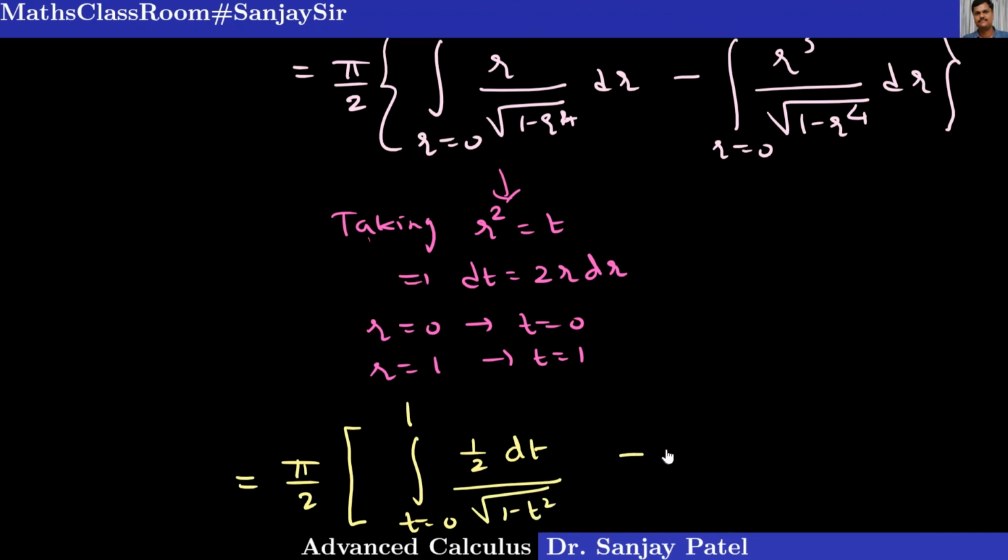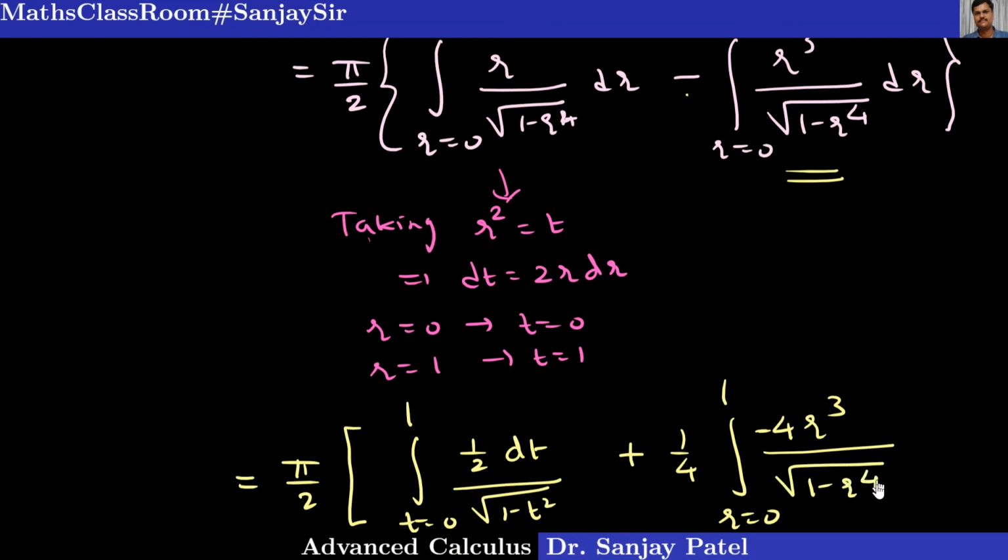And minus derivative of 1 minus r raised to 4 for this second integral is minus 4r cube. So let me write this way, plus, say, 1 by 4. I am multiplying and dividing by 4 for the second integral, 0 to 1. It is 4r cube with minus sign. I have taken this minus sign inside and writing like this, 1 minus r raised to 4 dr.